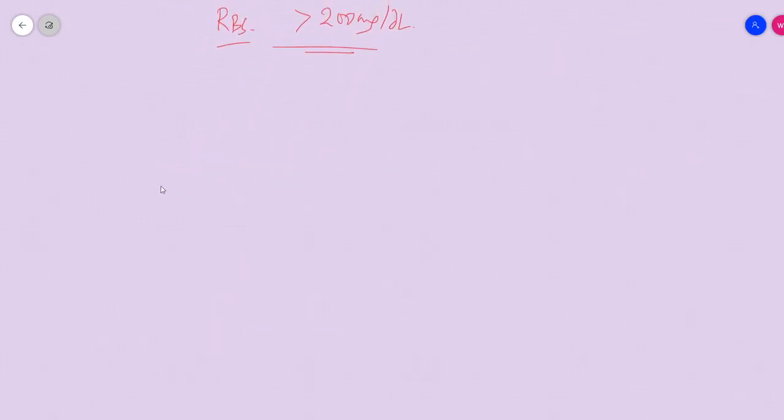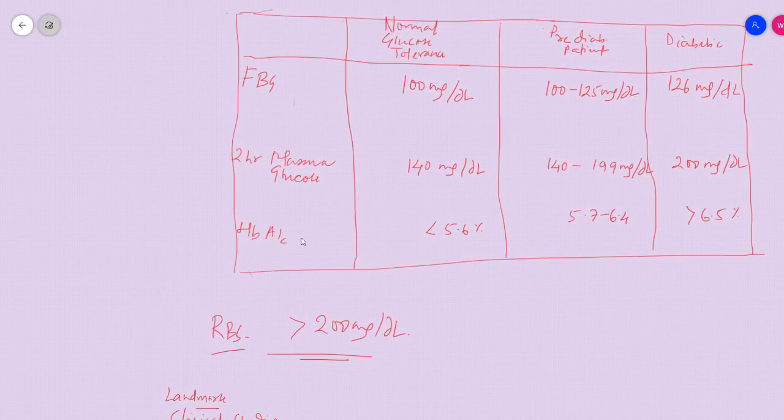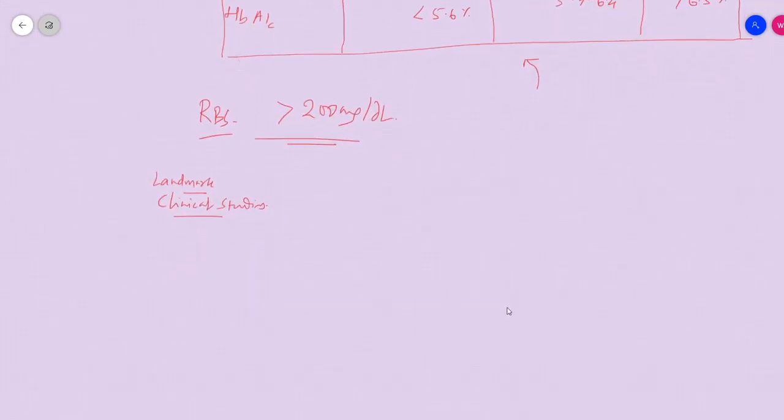We're going to talk about clinical studies. Let's put another word, landmark clinical studies that have led us to this information and our current intervention. All this data has come from the landmark clinical trials, and that is the basis of the practice that we do.